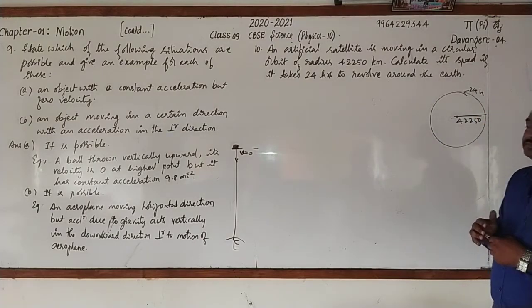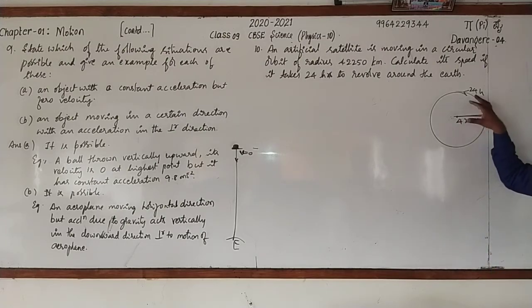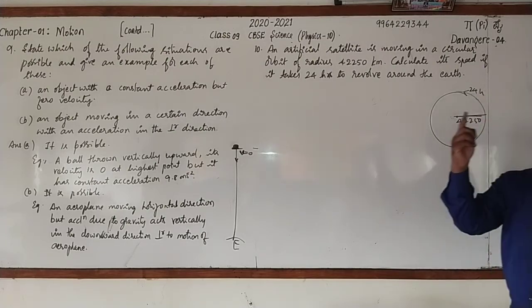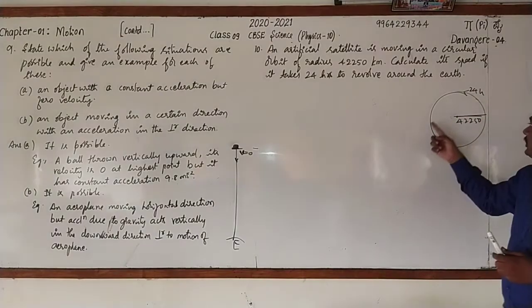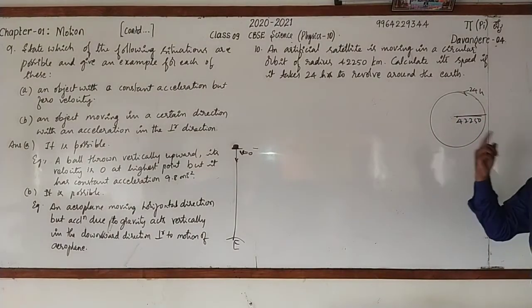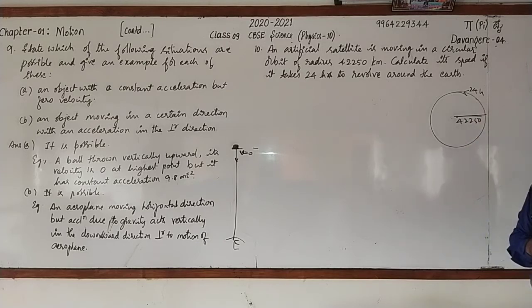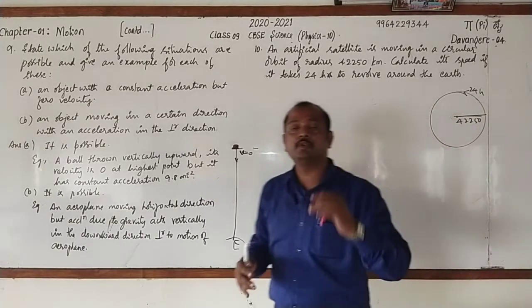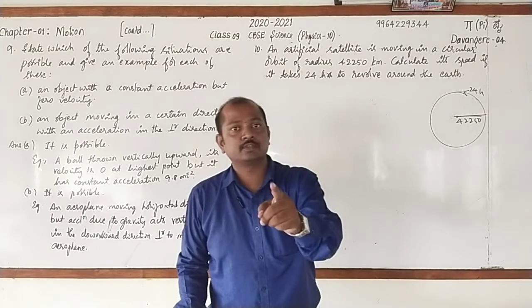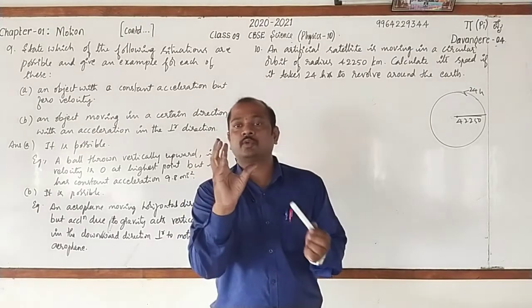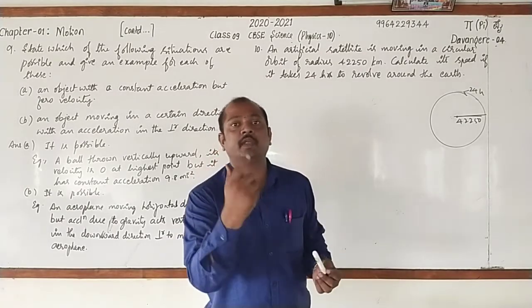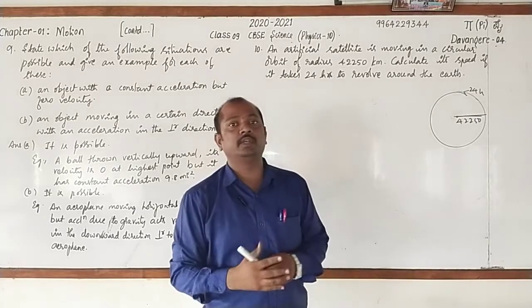Got it? Look here, this is the satellite which revolves around the earth, and to complete one revolution it takes 24 hours. Then what is the period of revolution? It is also 24 hours. The earth rotates on its own axis and completes one rotation in 24 hours.